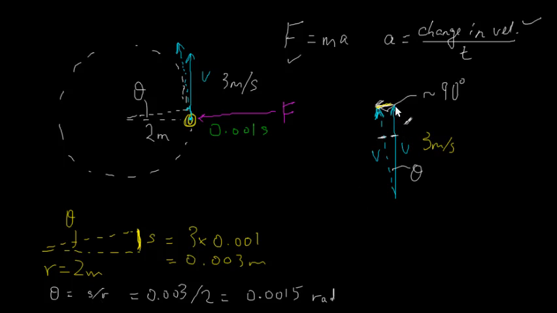So this distance here, I call it W. This distance is related to this radius and this angle by v times theta.